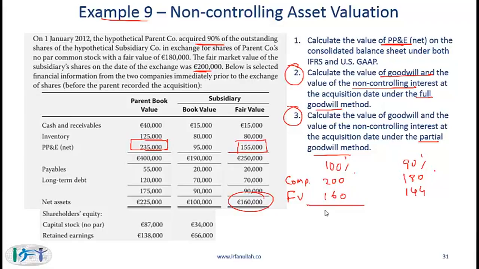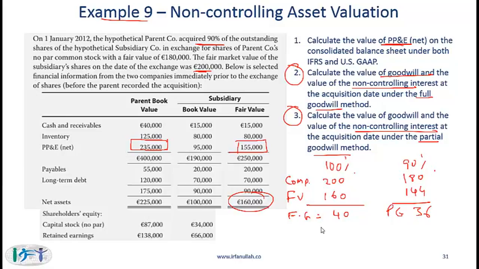With the full goodwill method, as we have seen before, we use this 100% column. 200 minus 160 is 40. So this is the full goodwill. Partial goodwill involves taking the 90% numbers. 180 minus 144 is 36. So this is the partial goodwill. What about the non-controlling interest, also called the minority interest?